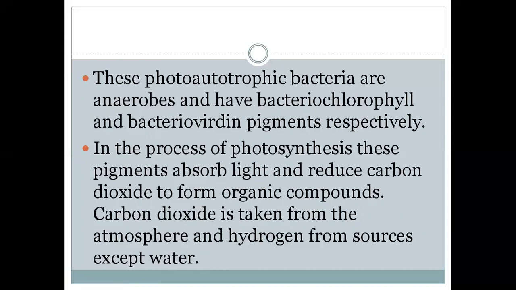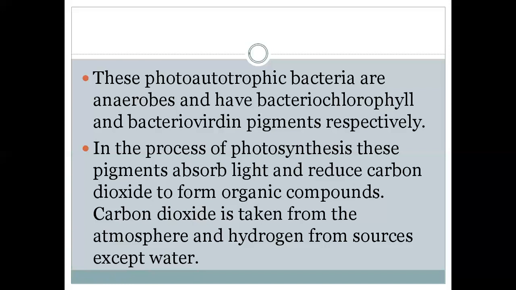So in anoxygenic photosynthesis, they take carbon dioxide from the atmosphere and light from the sunlight, and the pigments absorb the light and reduce this carbon dioxide to organic compounds.